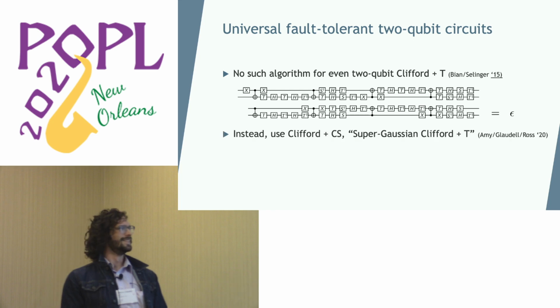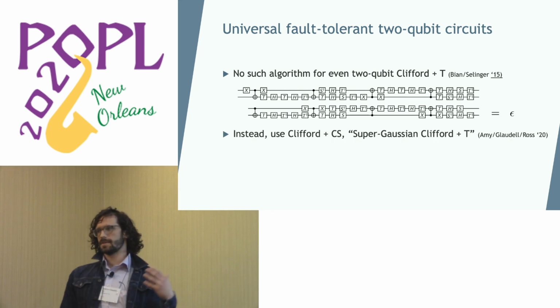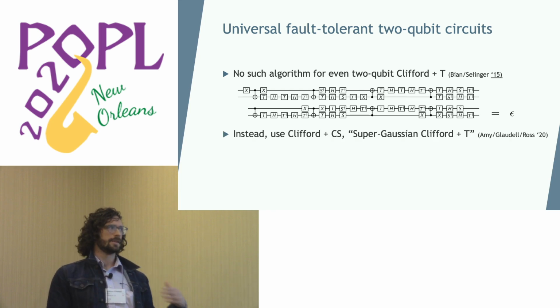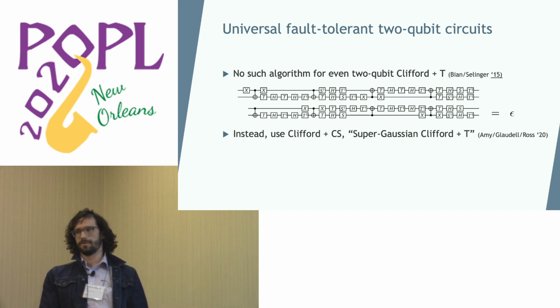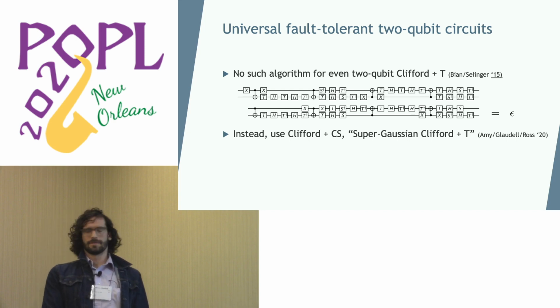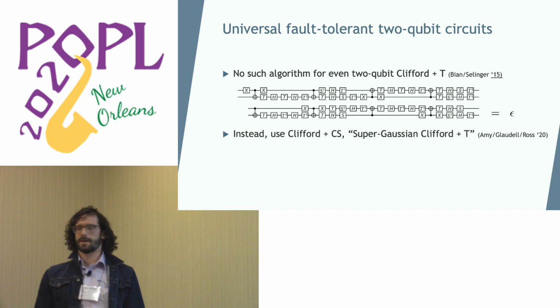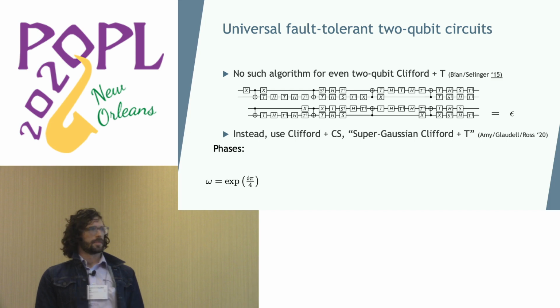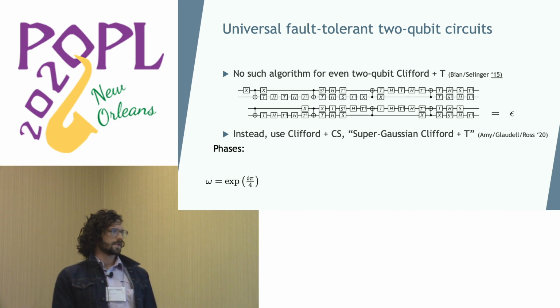It's difficult. And so our idea was, rather than looking at Clifford and T directly, to use a subset of Clifford and T, the Clifford and controlled phase gate set, which is also called the super Gaussian Clifford and T gate set. You can read a little more about this gate set in this paper where we characterize unitaries. This gate set has the phase omega, an eighth root of unity.